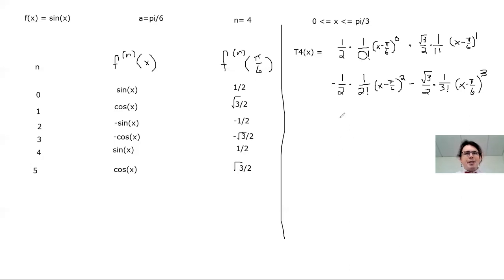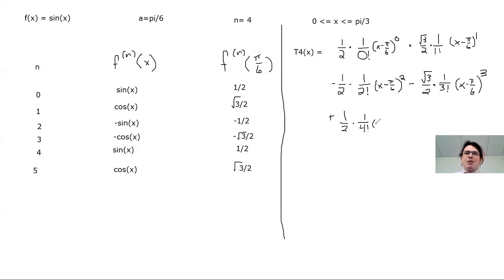Now, I wanted the degree 4 Taylor polynomial, so I will add on one last term. I'll have 1/2 from my table. I have to divide by 4 factorial.